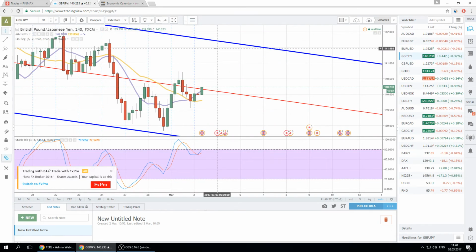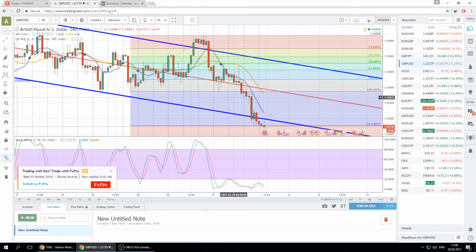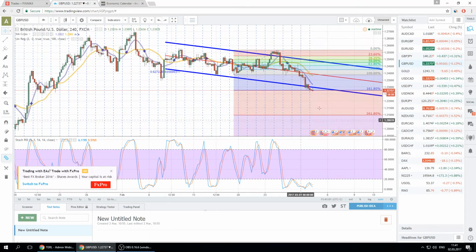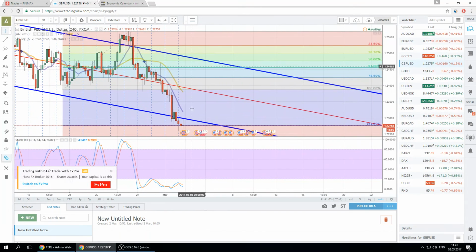Nothing here, nothing here. Pretty interesting, but we need to wait for the green candle to appear.